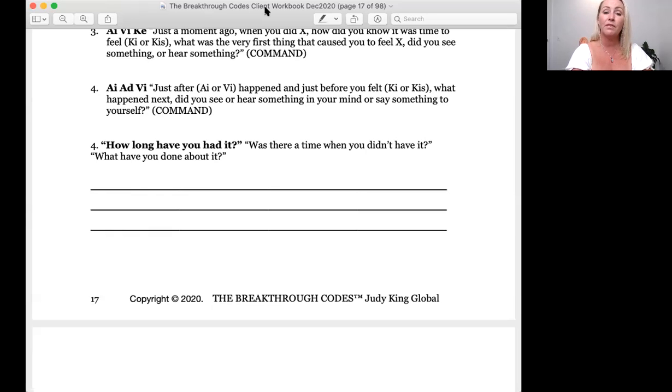Okay, so remember this. What have you done about it? It gives us a lot of information about them. If they've gone to therapists and this and that and all these different things, it gives us an idea. Generally, I already know this anyway, because it's one of the questions I ask in my pre-client questions. But it's important to know what have they done about it.